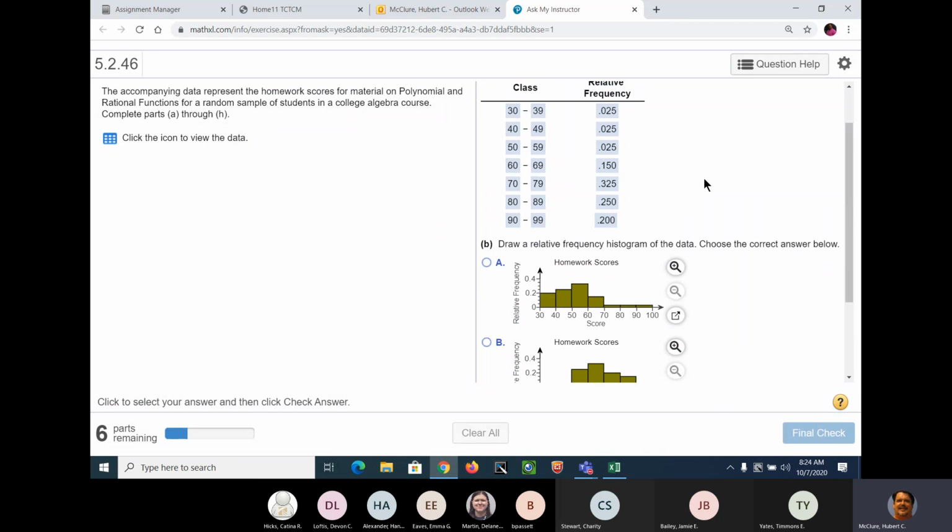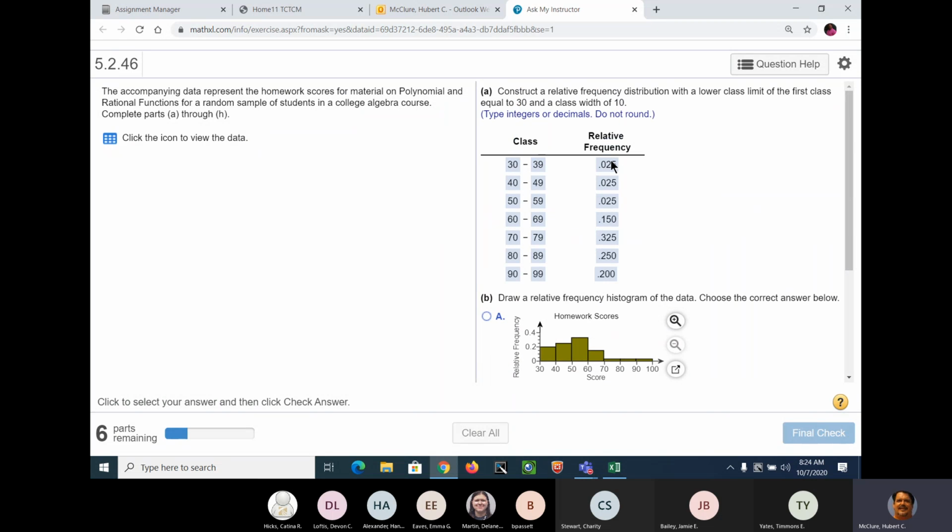We'll look at it. It starts off real low, 2 cent, 3 cent, 3 cent, 3 cent. Then it goes up to 15 cent. Then it goes up to 33 cent. Then 25, then 20. So I'll take my handy dandy line maker here.